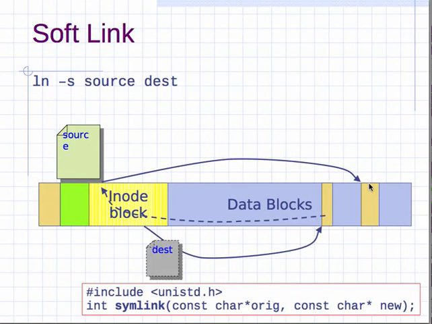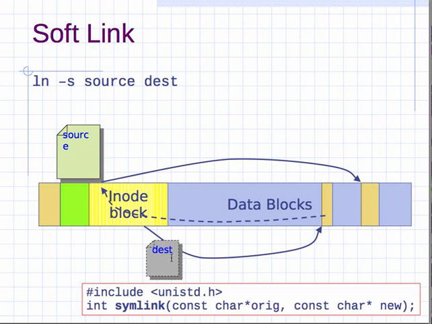As opposed to a symbolic link, where you have a new entry in this inode table which points you to some block which all it contains is the actual path of the file, which will point you back to the inode table entry for the original, for the source, and then that will tell you where the contents are.